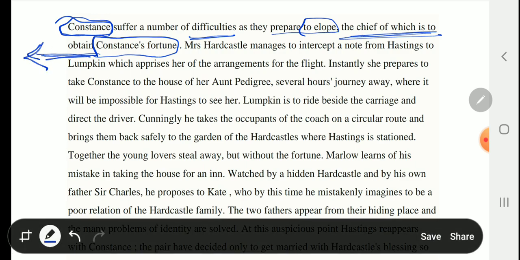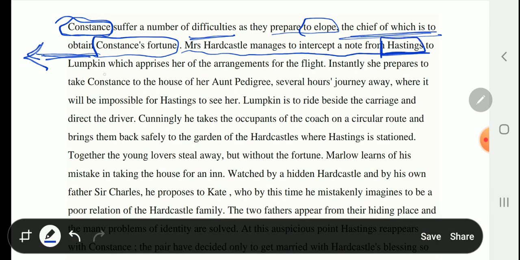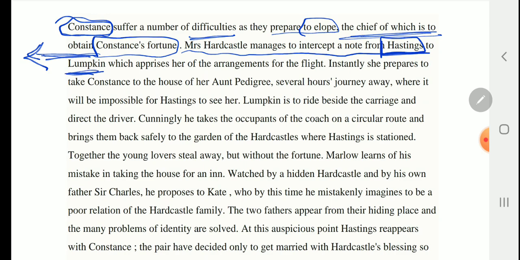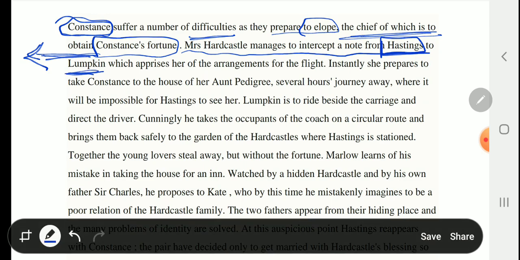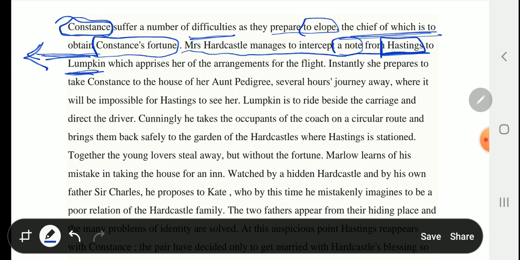This is one. Another thing is that Mrs. Hardcastle manages to intercept a note from Hastings. Hastings wrote a note to Lumpkin telling him to prepare some arrangement for both Constance and Hastings to run away. Okay, so Mrs. Hardcastle found this note, and then she discovered that Constance Neville is going to run away.